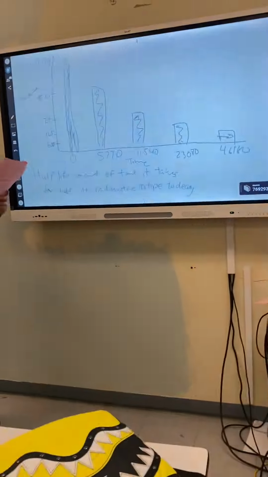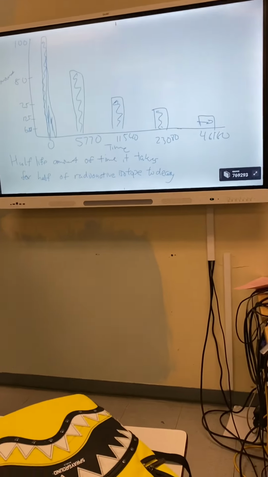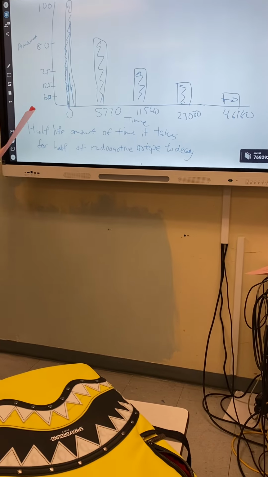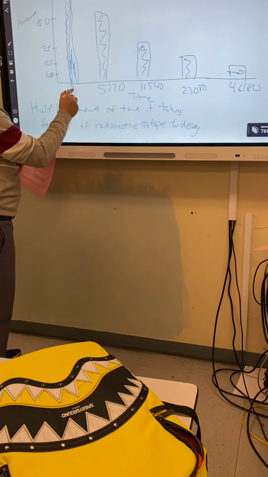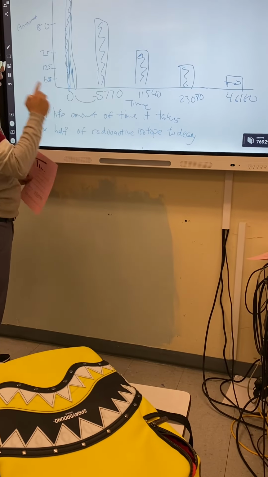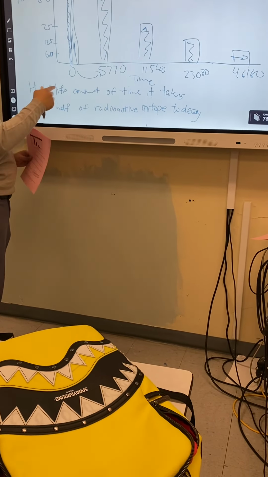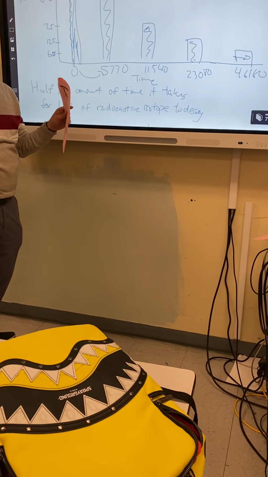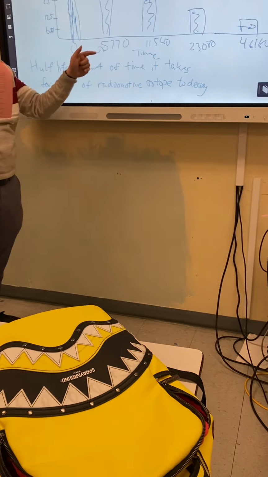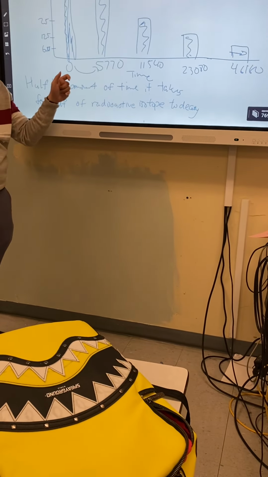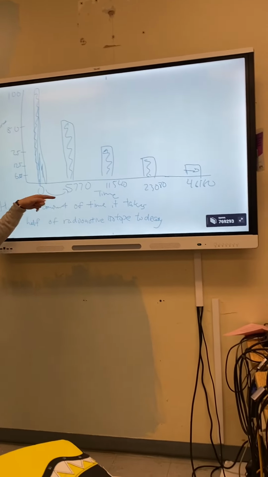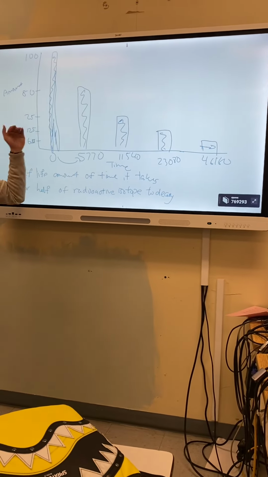So now for question C: based on the age of the sample, how many half-lives have passed? If we're starting at 0 and going to 5,770 years, how many half-lives have gone by? How many times did it cut in half?